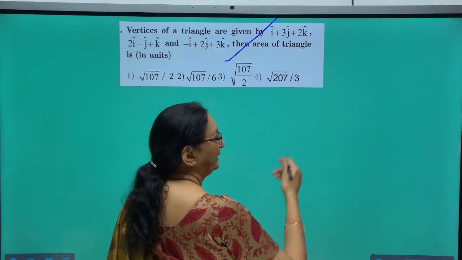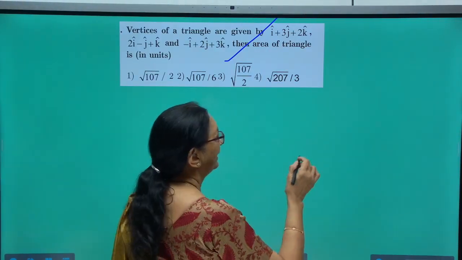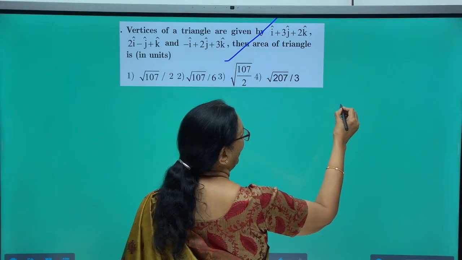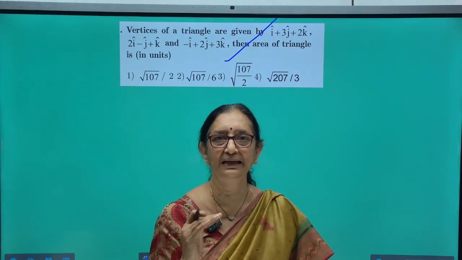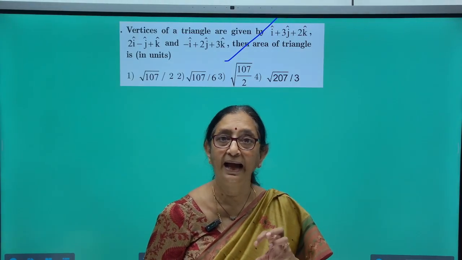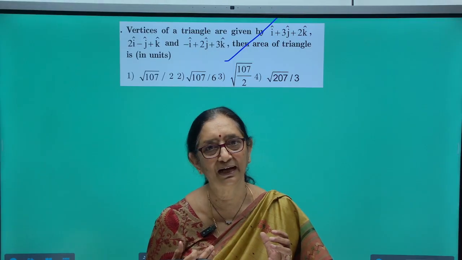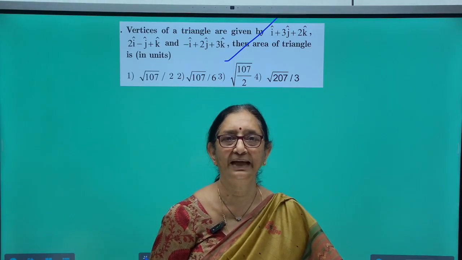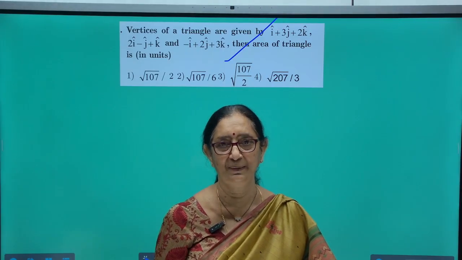Look here. If you see the applications of cross product, we have learned two things. Area of a parallelogram is A bar cross B bar if A bar and B bar are the adjacent sides of a parallelogram. Area of a parallelogram with A bar and B bar as the diagonals is half of A bar cross B bar.